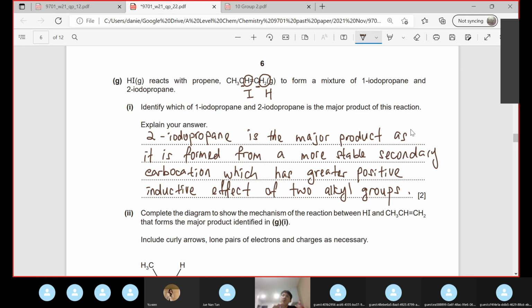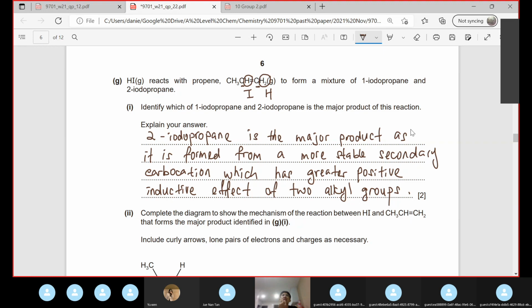SN1 involves the formation of carbocation.